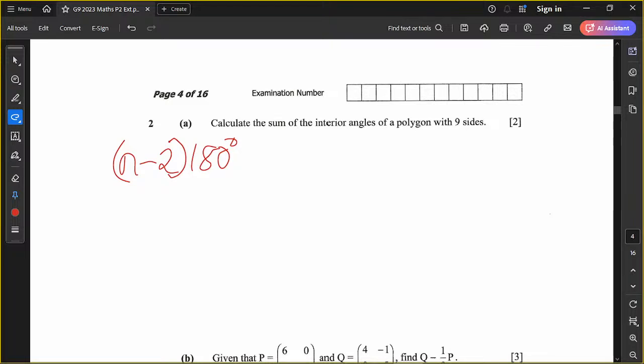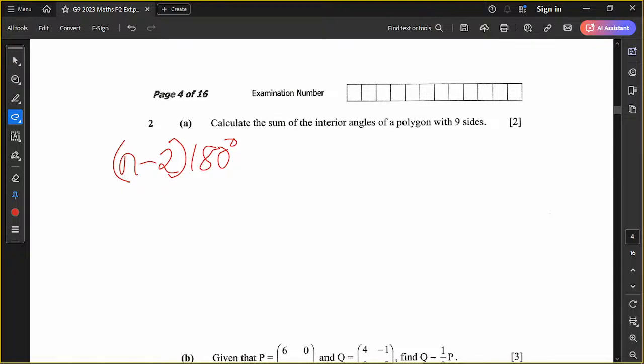Whether you're given the number of sides or the number of angles, if a question says the shape has 8 angles, you pick that 8, because the number of sides and the number of angles are equal in any shape.